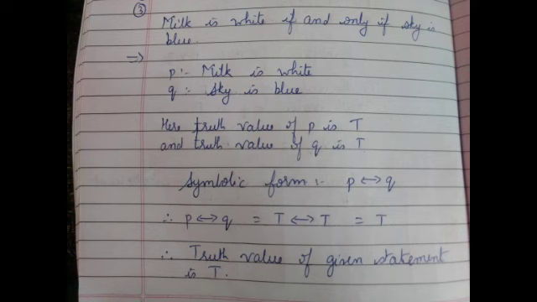The first statement is true, so the truth value is T. The second statement is also true, so the truth value of Q is T. Symbolic form: in between it is if and only if, so P if and only if Q equal to T if and only if T. And T if and only if T is equal to T from the truth table of biconditional. So our answer is the truth value of the given statement is T.